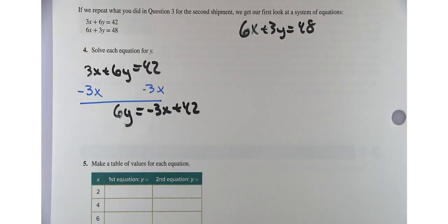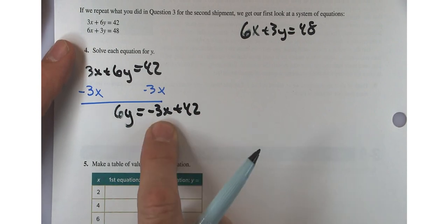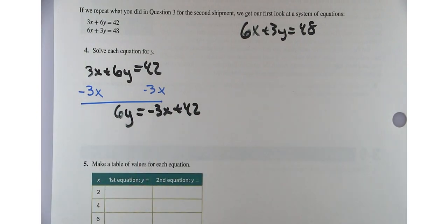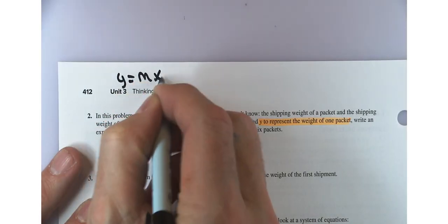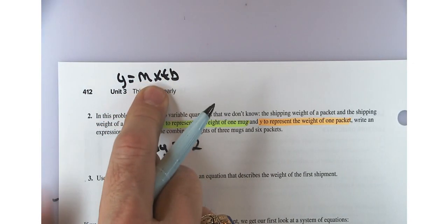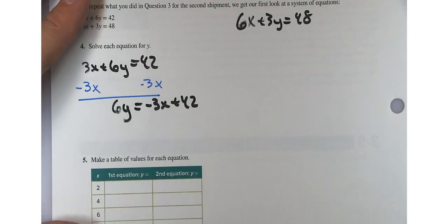Someone says 42 minus 3x. Okay, yeah, you can do 42 minus 3x. I'd leave it here because I'm accustomed to writing things as y equals mx plus b, so I tend to put the slope first. There's nothing wrong with what you're suggesting. Maybe it's more comfortable for you, that's fine.